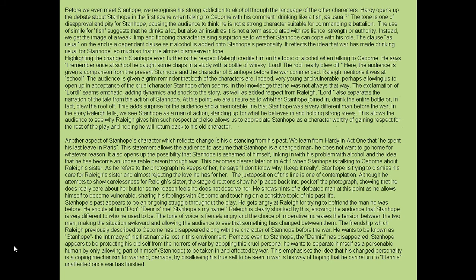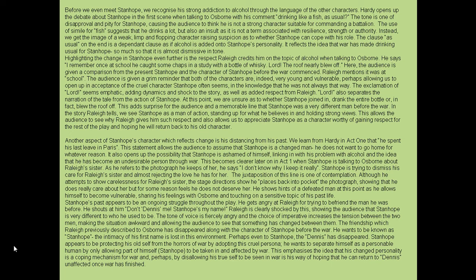Before we even meet Stanhope, we recognise his strong addiction to alcohol through the language of the other characters. Sherriff opens up the debate about Stanhope in the first scene when Hardy talks to Osborne, with his comment, "drinking like a fish as usual." The tone is one of disapproval and pity for Stanhope, causing the audience to think he is not a strong character suitable for commanding a battalion.